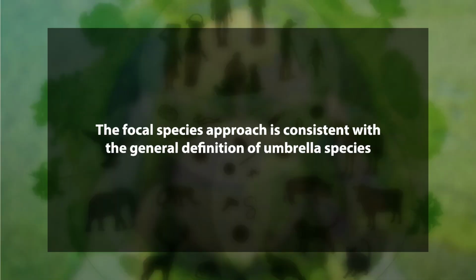Thus, the focal species approach is consistent with the general definition of umbrella species. It simply goes beyond earlier approaches by addressing habitat quality and by proposing systematic criteria for the selection of a suite of umbrella species.